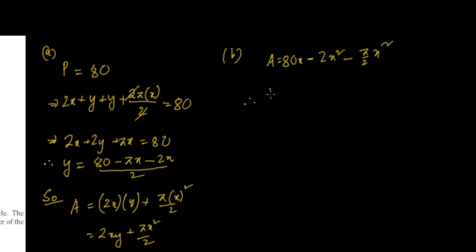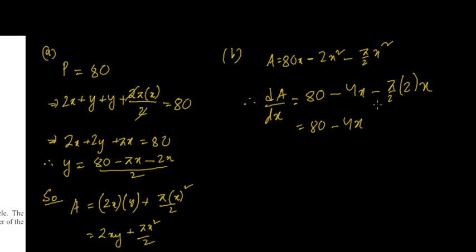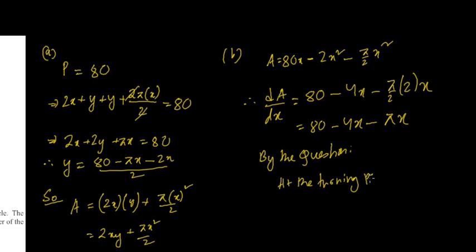Let's find the derivative of this. So dA by dx is going to be 80 minus 4x minus pi by 2 into 2x. This would be 80 minus 4x minus pi x. By the question, at the turning point, dA by dx equals 0.